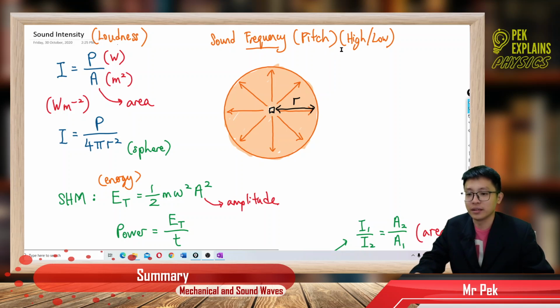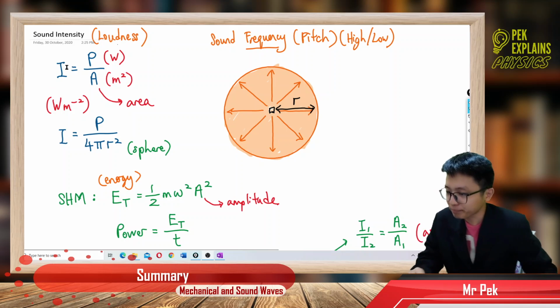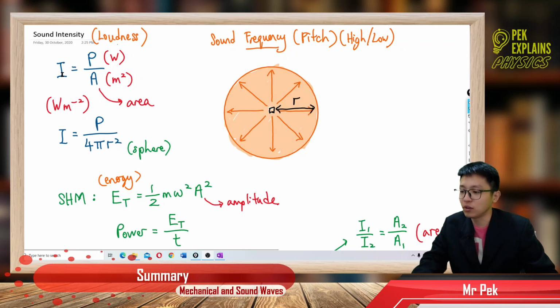All right. Now, intensity. The intensity symbol is I, and the intensity formula is power over area.